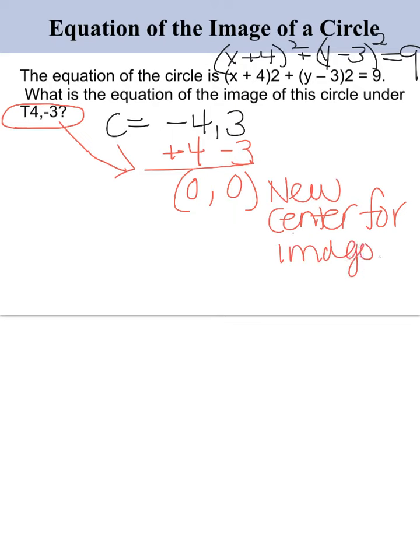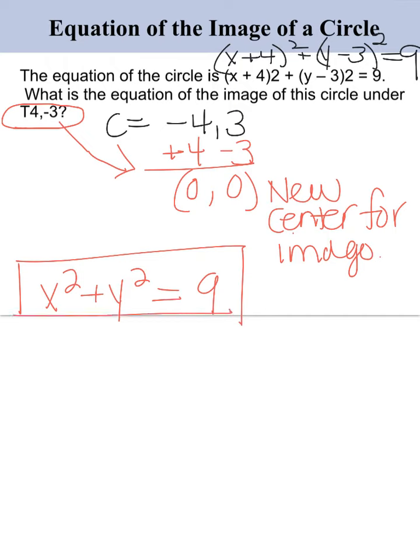Being that we have a new center, it's just x² + y², and that's equal to the same radius squared, 9. So under this translation, this is the new equation for the image of the circle.